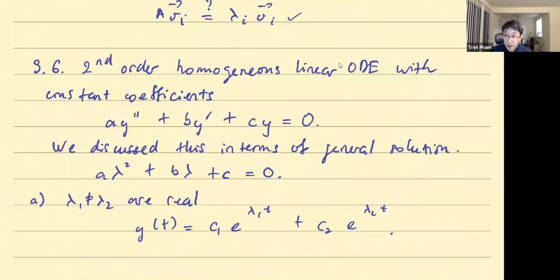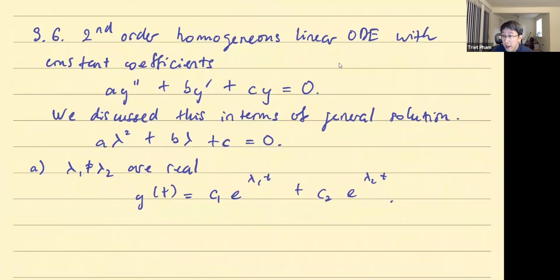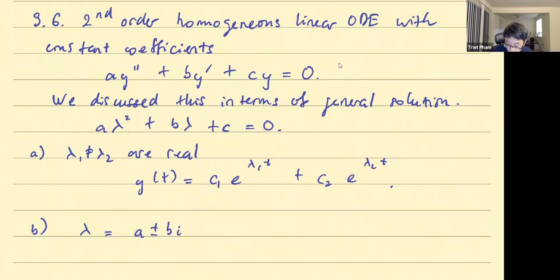Notice how this is quite similar to what we get with our 2x2 system. If lambda is a plus or minus bi, complex, then, oh sorry, I used a and b up there, so what do I use here? I'm running out of notation.